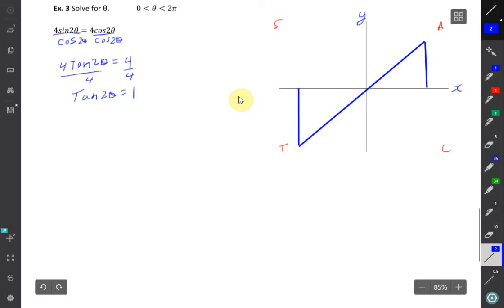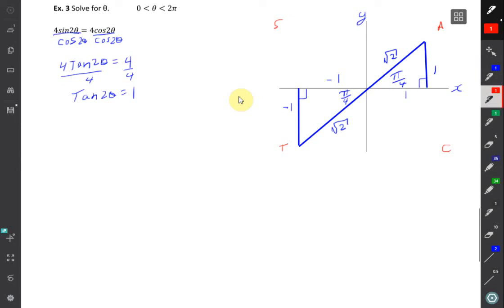That's 1 over 1 for the opposite and the adjacent. So that would mean that this side is 1, this side is 1. Here we have -1 and -1. And that looks like our 1, 1, root 2 triangle. So square root 2 for the hypotenuse. And I know that this angle, and again I'm using radians, is pi by 4. And this related acute is pi by 4. The answer that we're looking for, based on the range that says 0 to 2 pi, would be this angle and this angle right here.